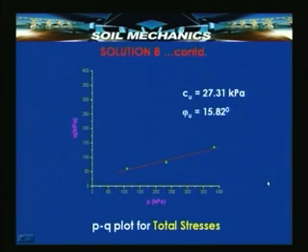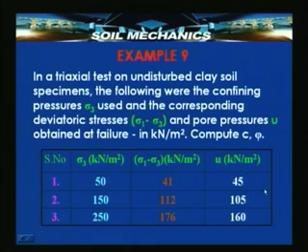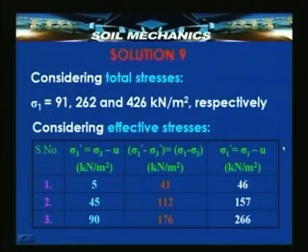Here the PQ plots are shown, and the Cu and phi u values corresponding to total stress PQ plot are also displayed, and the Cu and phi u values from the Mohr circle plot and the PQ plot are shown here. Example 9 again involved knowing sigma 3, sigma 1 minus sigma 3 and the pore pressure and the computation of the shear strength.